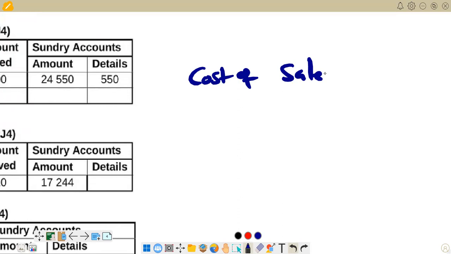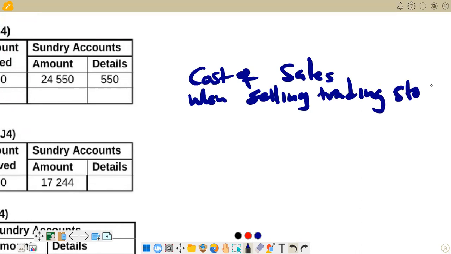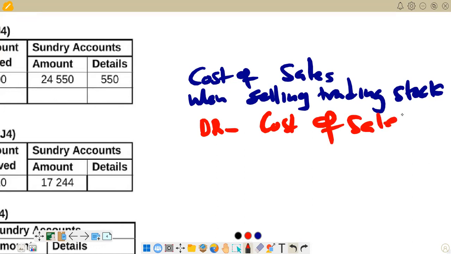Double entry: cost of sales when selling trading stock. So this is the double entry that we have when we are selling trading stock. The double entry is that we debit cost of sales, DR meaning debit, and then we credit the trading stock.